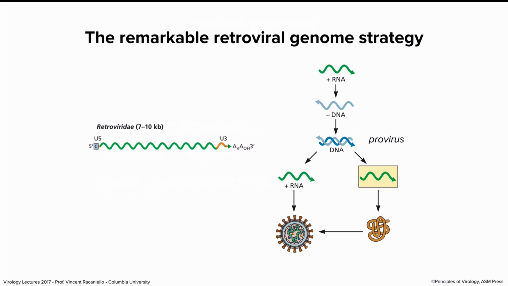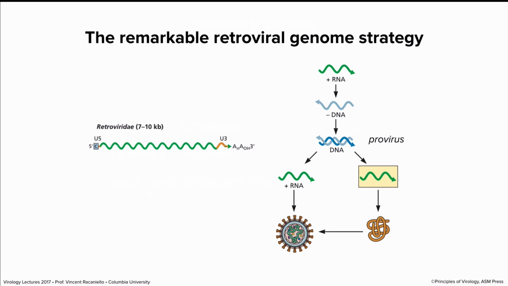The integrated copy of the retroviral DNA is called a provirus. So that's a definition. It's integrated into the genome. When it's integrated there, it is transcribed by cellular polymerase to make messenger RNA. A retrovirus encodes a reverse transcriptase, a different enzyme. So every RNA virus has to encode some kind of enzyme to replicate its genome or make mRNA.